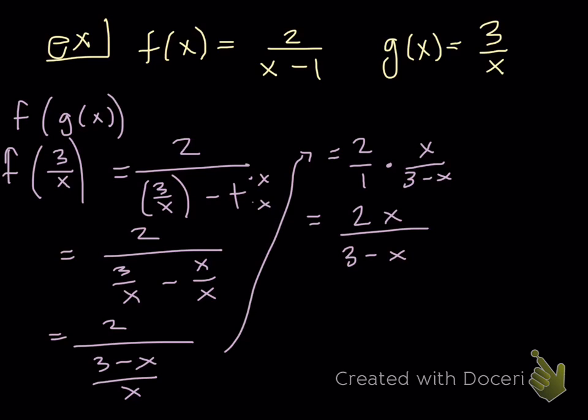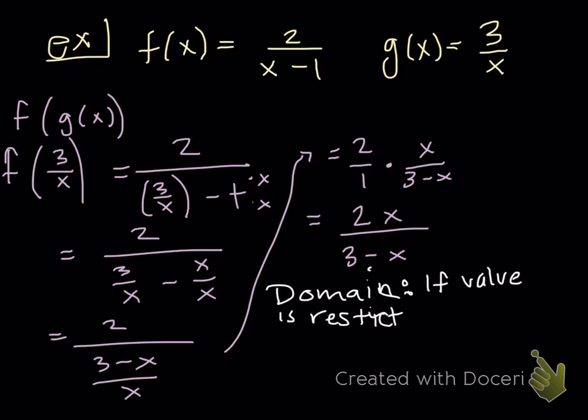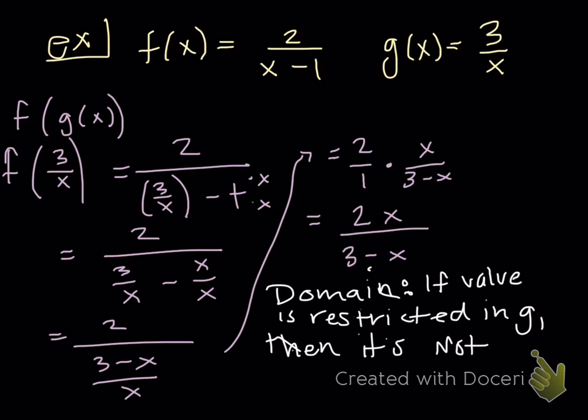So the most important thing here is the rule for the domain. So the domain issue states if a value is restricted in g, then it's also restricted in f of g of x.